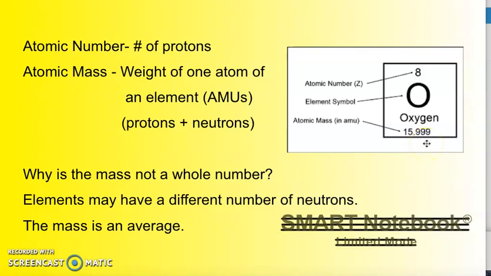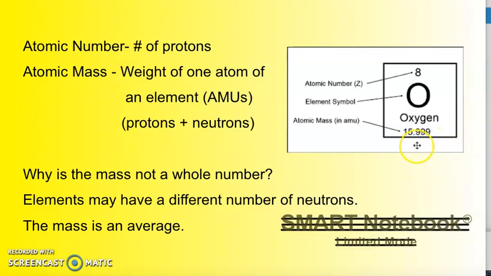The reality is that just like you can have a variation in the number of electrons, you can also have a variation in the number of neutrons in an atom. So this atom of oxygen has 8 protons, 8 electrons in most cases, and in almost all cases 8 neutrons.